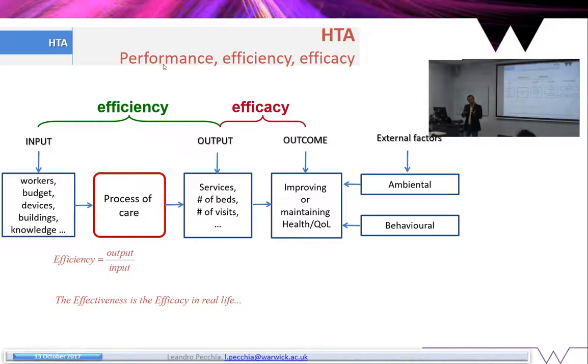So that's what we try to do. With different technology, assuming the same input, which one is more effective? We have two words, efficacy and effectiveness.